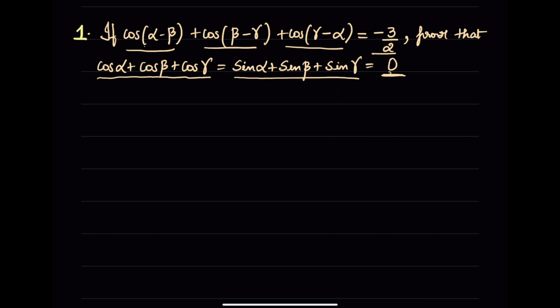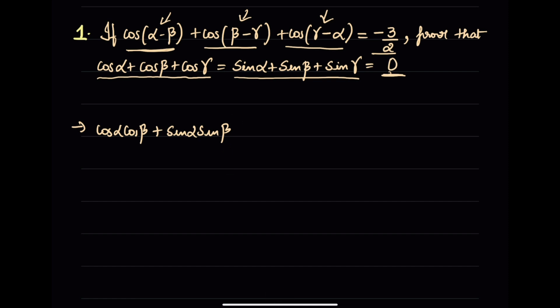So let's apply the formula of cos of a minus b in these three parts of the equation. So cos of alpha minus beta would be cos alpha cos beta plus sin alpha sin beta.